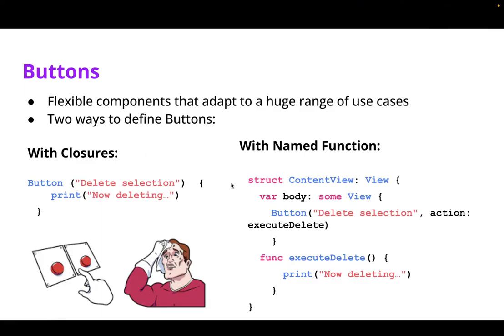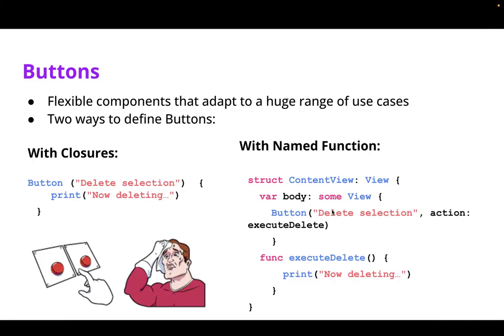But this is the more simple example with closures. But if you want some more advanced actions or more things to happen after you click your button, you can also use named functions inside of your button.